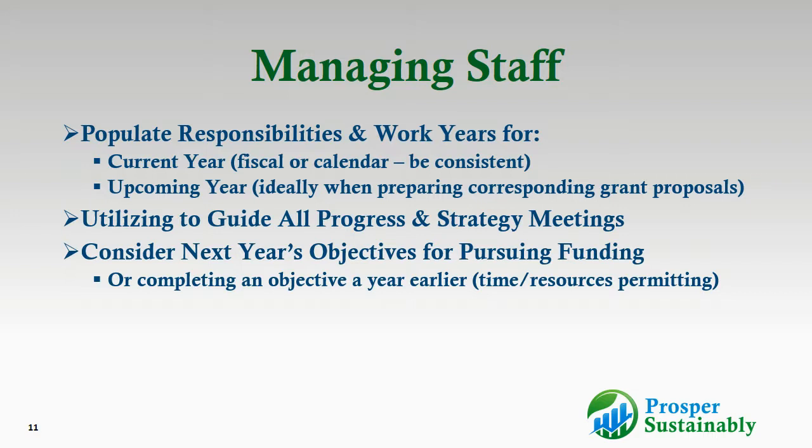You may want to periodically look at next year's objectives and even future objectives to see if your air quality specialist or your environmental technician got something done in a lot less time or a lot earlier, and it looks like they have some room on their plate for some new projects and responsibilities, and you have the funding to work on something new, then you may choose to look at some future activities and begin working on them now.